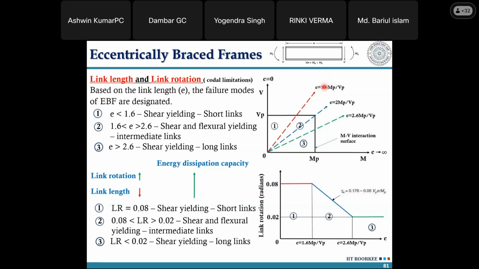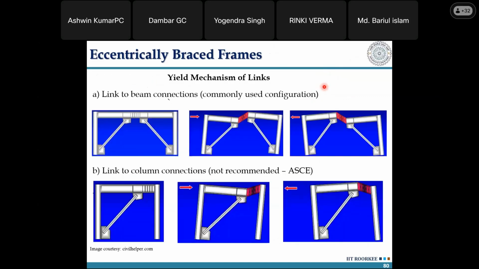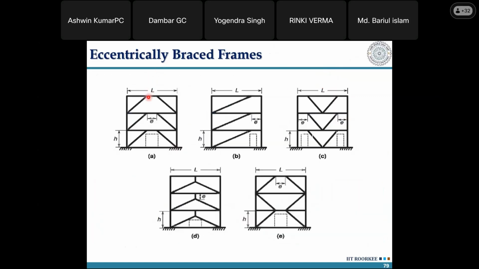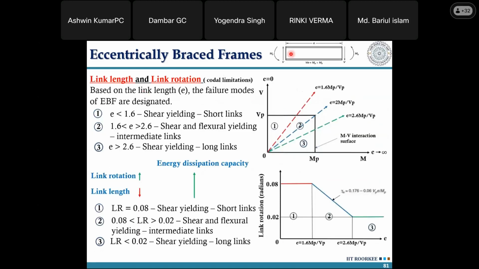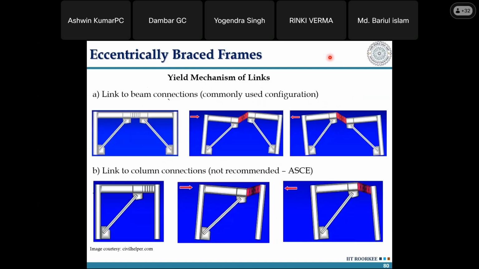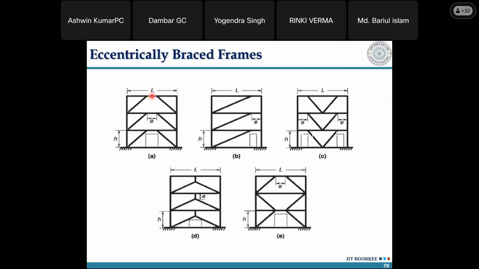So what it means is my link element, if you look closely here, can be anything. If I take my brace to this location, it becomes a moment frame. If I spread both these braces to the corner, it becomes a moment frame. If I make the braces meet at the center, it becomes a CBF. So EBF is somewhere in between. In that case, the nonlinear performance of the link element depends upon the length of the link.